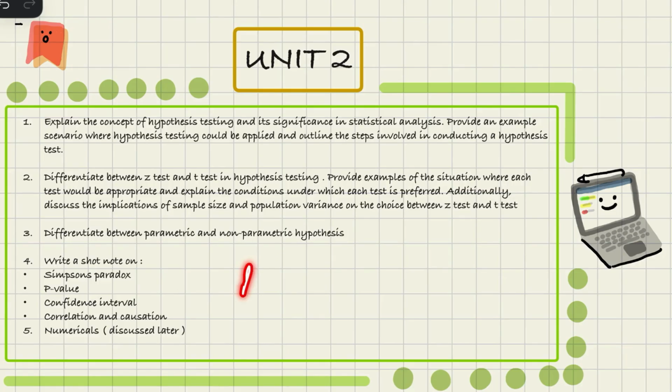We'll also be considering ANOVA. We'll talk about Simpson's paradox, confidence interval, correlation, and causation. And there will be numericals with every statistical testing method we discuss. So, without wasting any time, let's quickly move forward and discuss what hypothesis testing is.